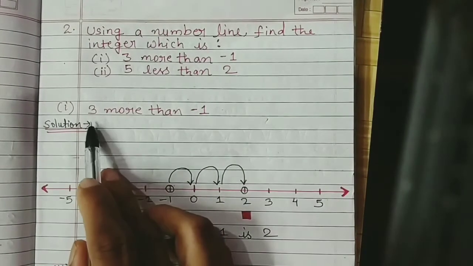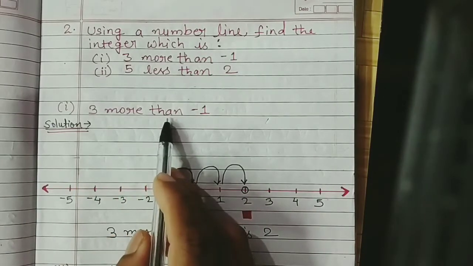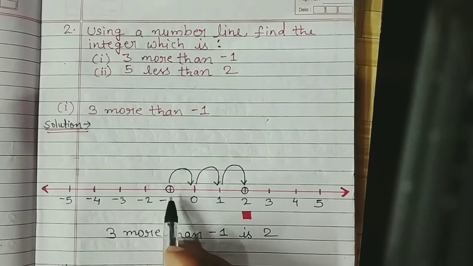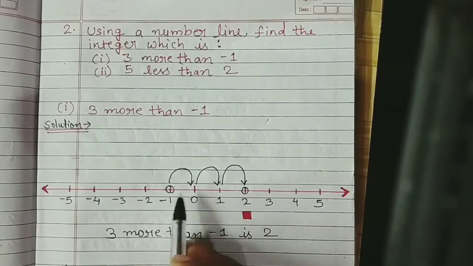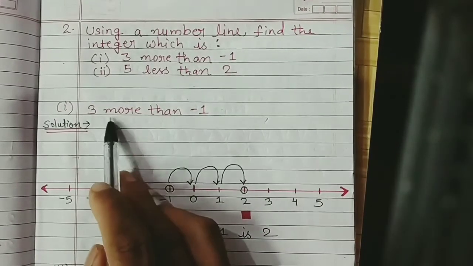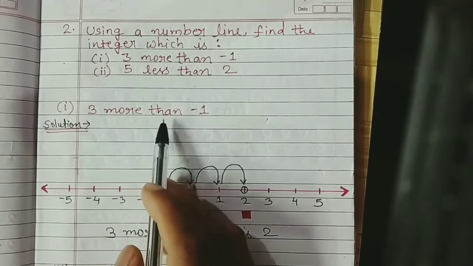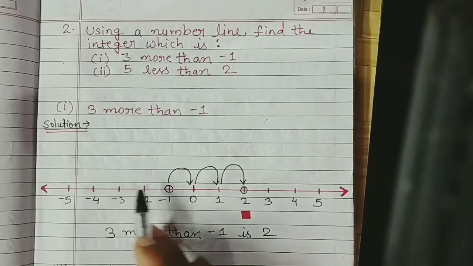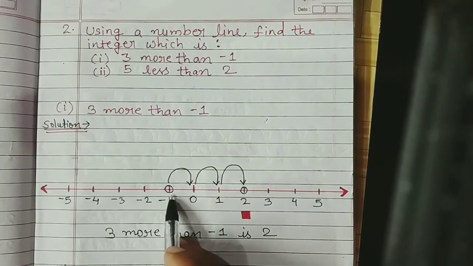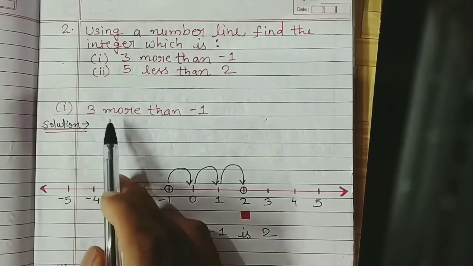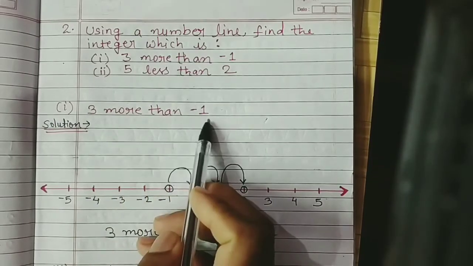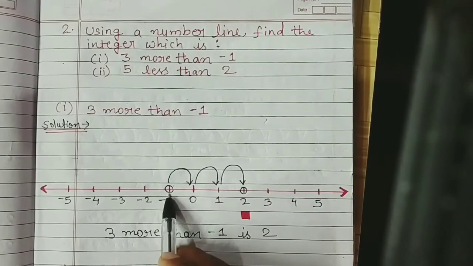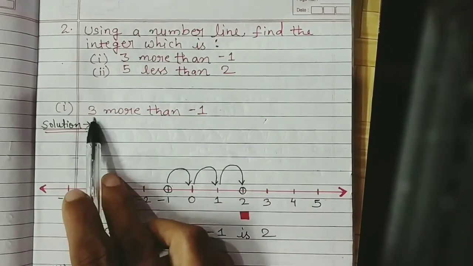Now it is written here 3 more than. If it is written more than, then we are going to move towards the right side from this place. And if it is written less than, then we are going to move towards the left side from this place. Here it is written 3 more than minus 1, so we are going to move to the right. How many steps? 3 steps.